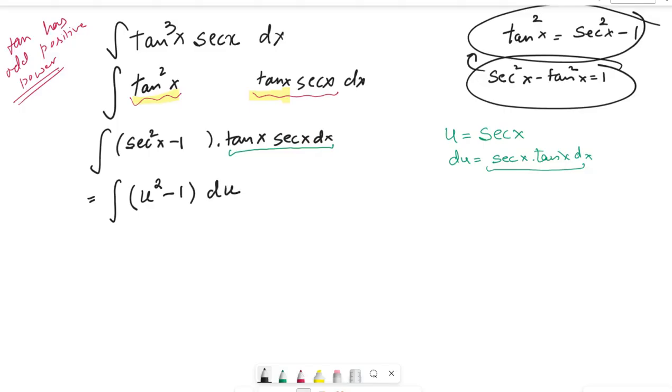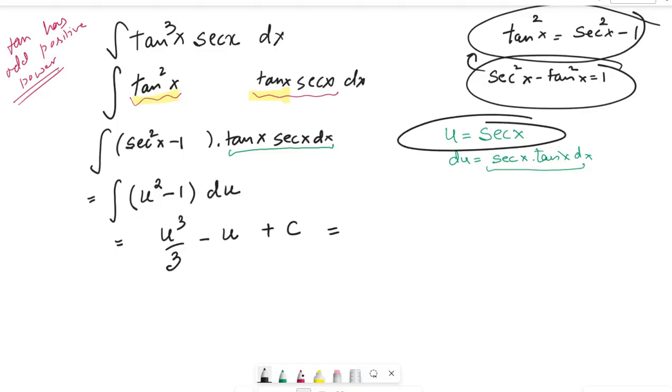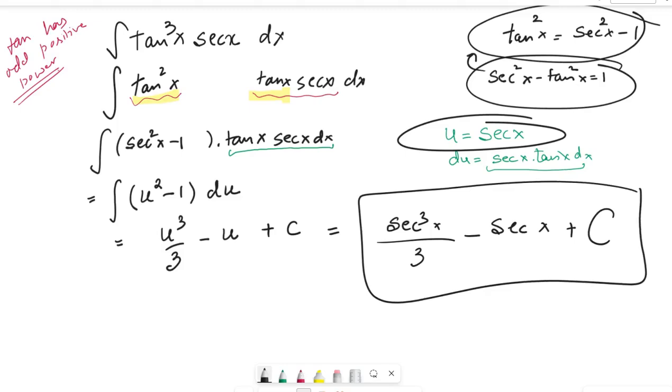This converts into a simple integral, which is u cubed by 3 minus the integral of 1, which is u, plus c, and we put u back. That would be secant cubed x by 3 minus secant x plus c. This should be your final answer.